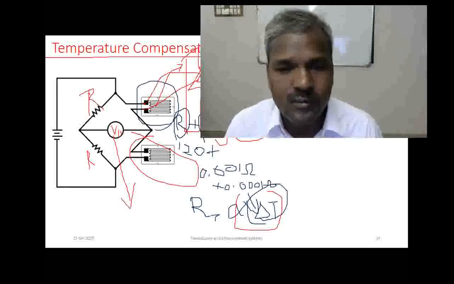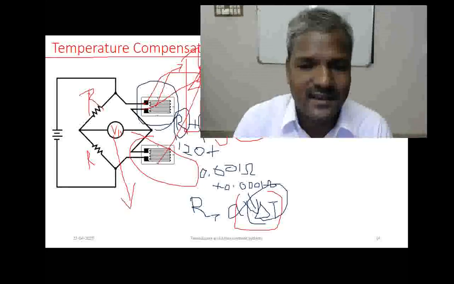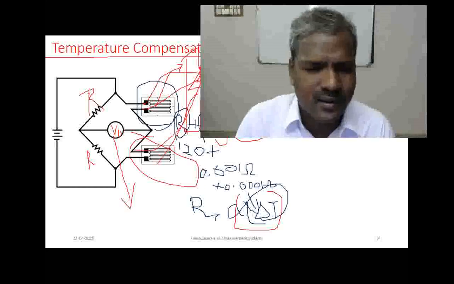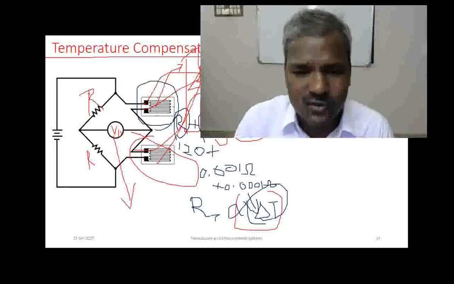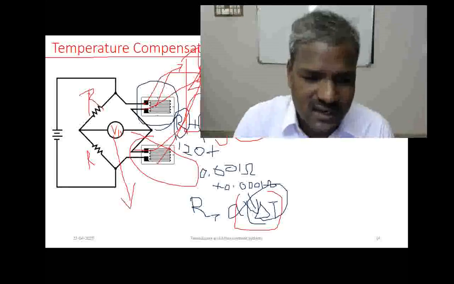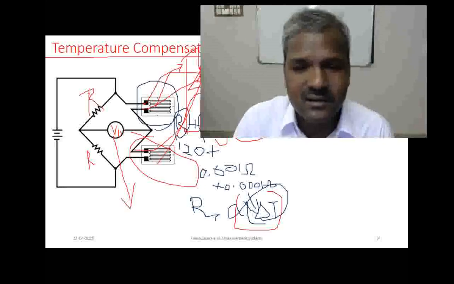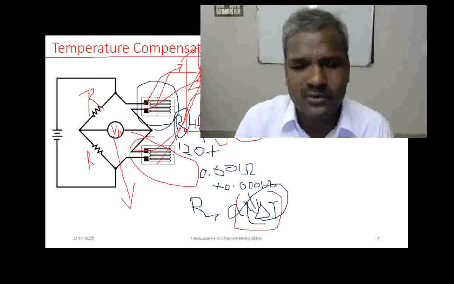This is not bonded in the field. It is simply exposed near to the cantilever, near to the process. The wire is taken from near the field, but it should not be bonded over the process. So it is very close to the process.